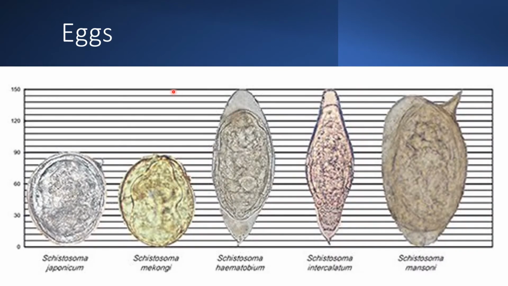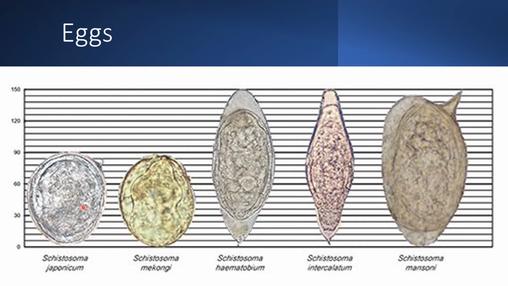For the eggs, generally Schistosoma eggs are non-operculated. There is no operculum present, and there is a spine-like projection here. Eggs are fully embryonated when excreted in urine or feces and hatch out immediately to form miracidia. Let's start with S. japonicum.